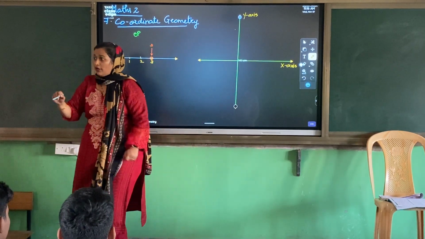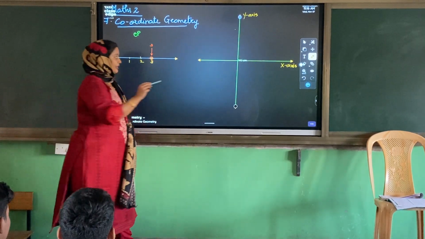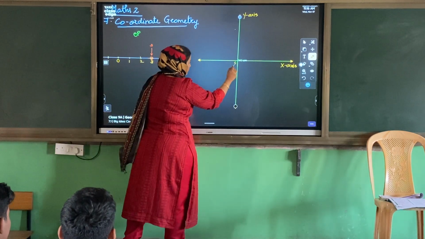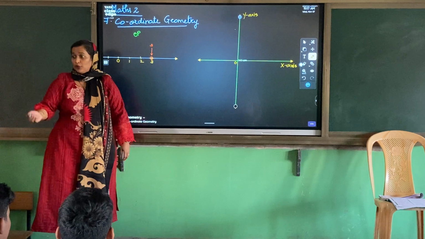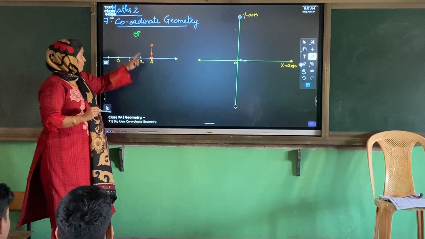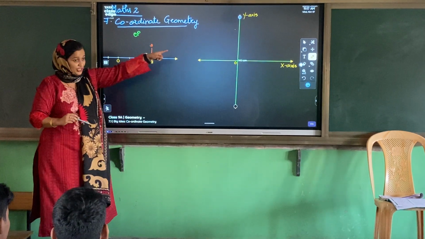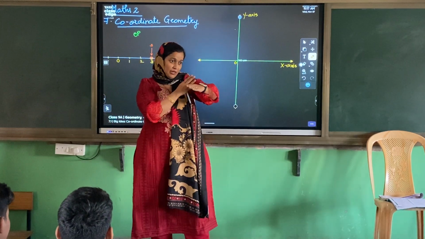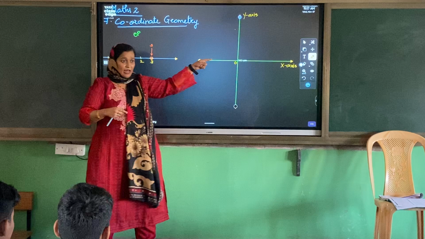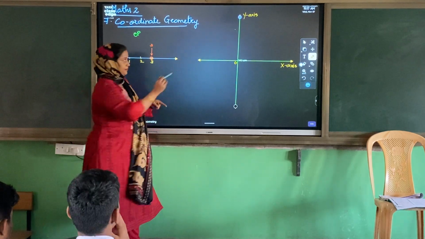That intersection is called the origin, and it is marked as 0. We are going to work on a graph because I want that point to be somewhere on this Cartesian plane. When we have an x-axis and a y-axis in a plane, that plane is called a Cartesian plane.